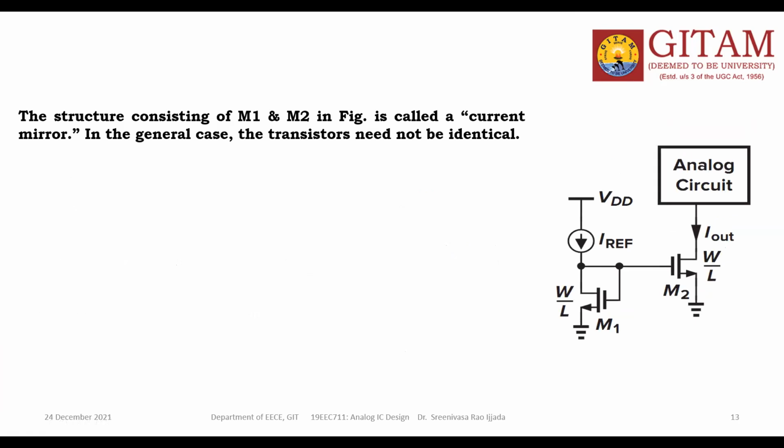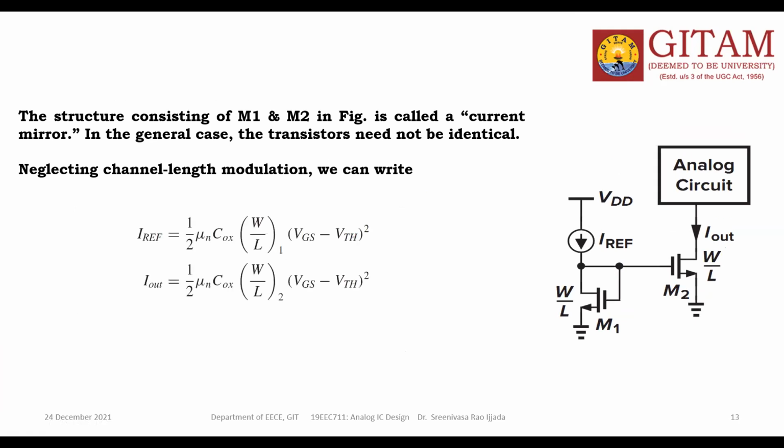The structure consisting of M1 and M2 in the figure is called the current mirror. In the general case, the transistors need not be identical. That is the theoretical assumption. So neglecting channel length modulation, we can write the current formula. For this transistor the drain current is I reference, for this transistor the drain current is I out.